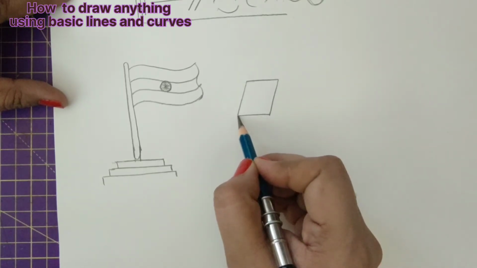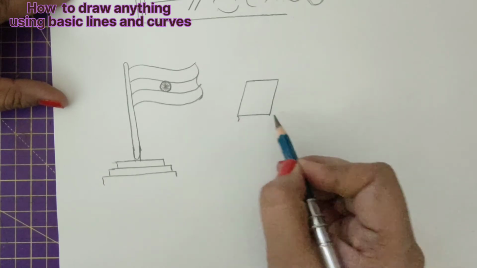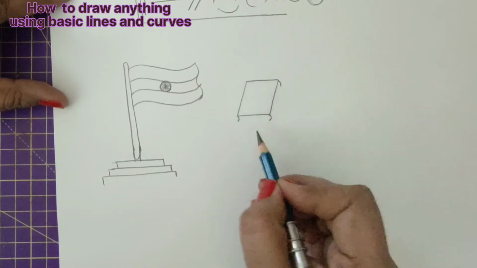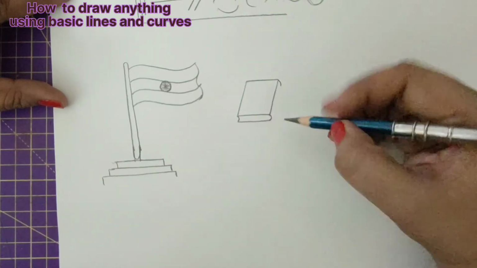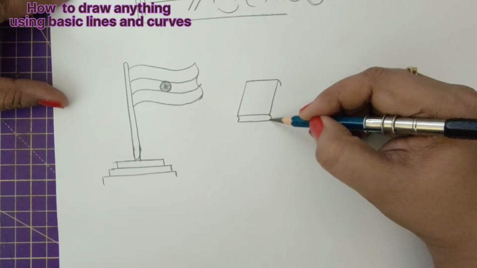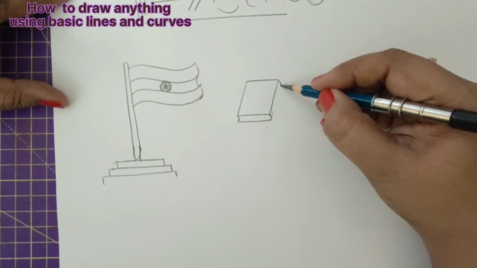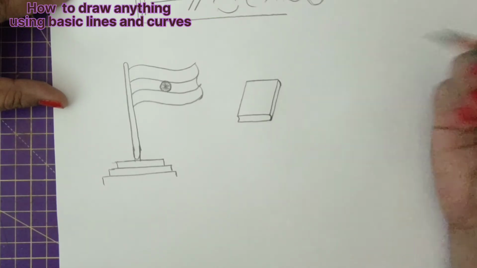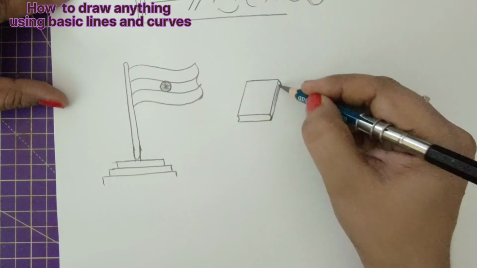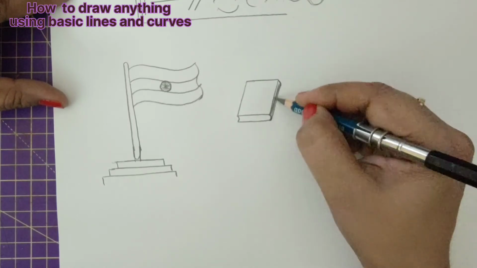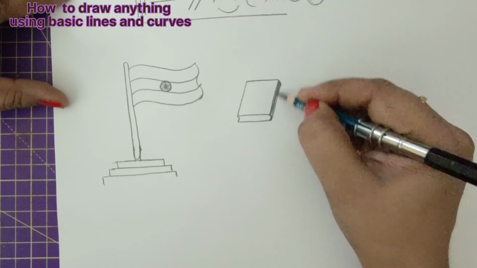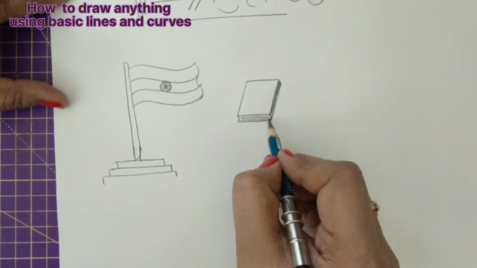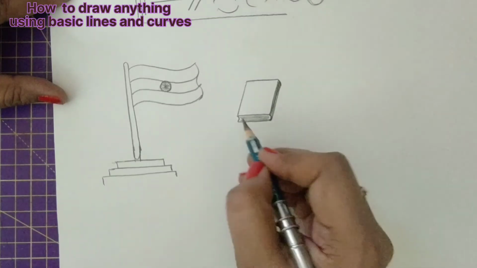Now use small curves this way and this way, and join these two parts here and this way. You can give a number of lines over here. This is all the shading part, we can see this in the upcoming classes. So this resembles a book, right?